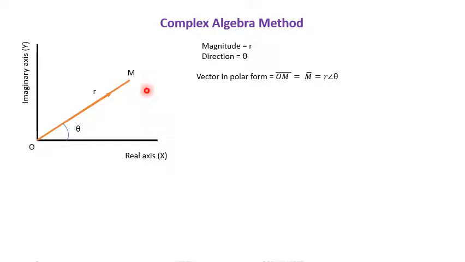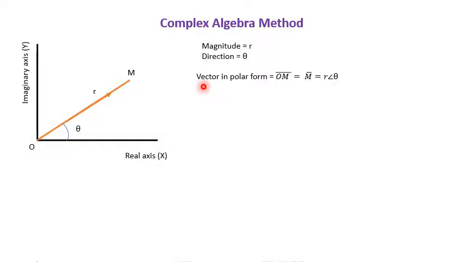Now, vector in the polar form. I already explained what the polar form is, which is a combination of radius and angle. The radius is r whereas the angle is theta. Okay, so in the polar form this vector is represented like this: vector OM, or simply vector M, is equal to r into angle theta.